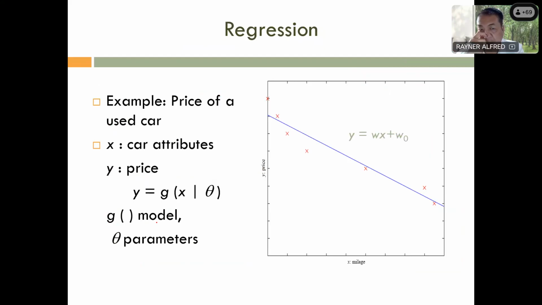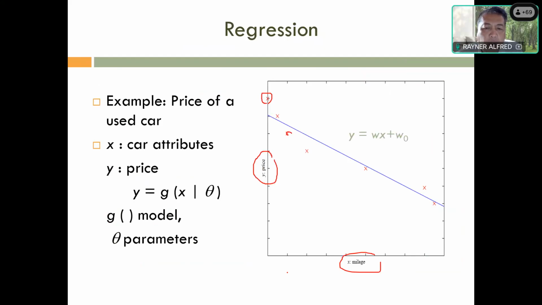Okay? And this is one of the supervised learning methods, which is regression. Given the data that we have in red, we want to know what is the best line that can represent them. For example, here we want to model the price depending on the mileage.